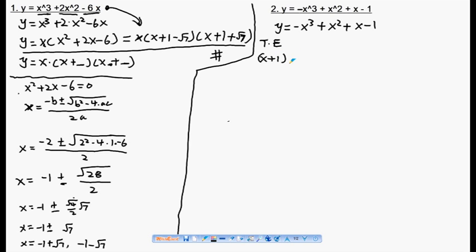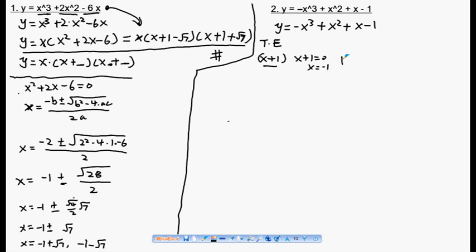The remainder when the function is divided by x plus 1 is found by setting x plus 1 equal to 0, so x equals minus 1.